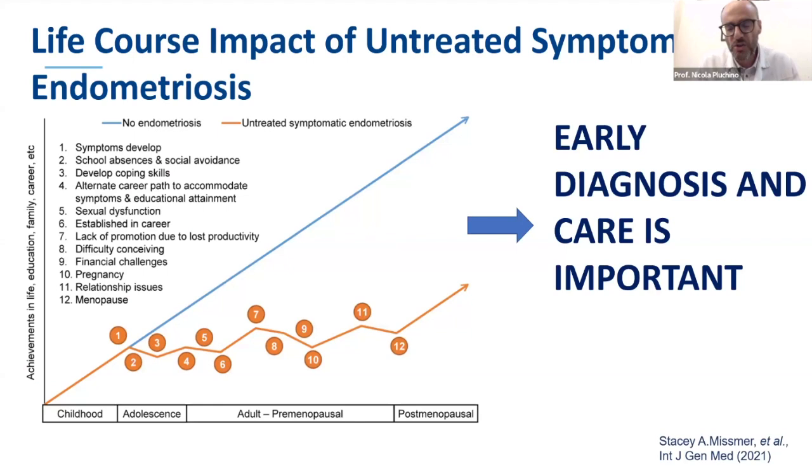So this is something important to know, but what is also important to mention, again, there is so much data out there that supports that this is not just a matter of pain, because if symptoms start early, there are also many consequences on a personal level, on a relationship level, and on a social level that are impacted by a delayed diagnosis of endometriosis through the different milestone phases of women's growth from adolescence to adult and to pre-menopause.